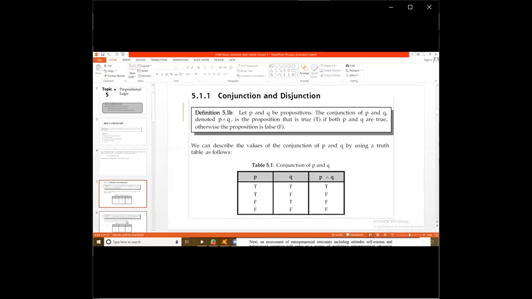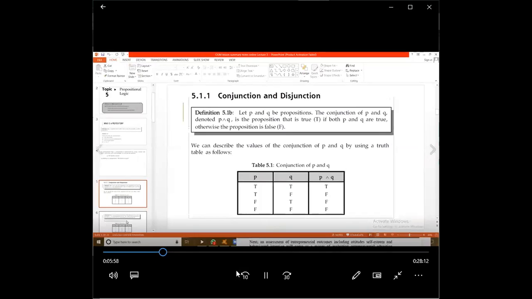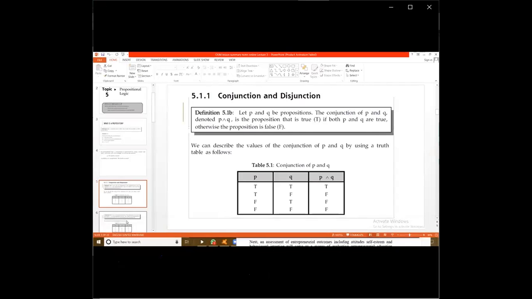For example, if I have the statement Messi is a footballer as P, and Q is footballers score over 20 goals, then I can combine the two statements with a conjunction like and, to say that Messi is a footballer and scores more than 20 goals.